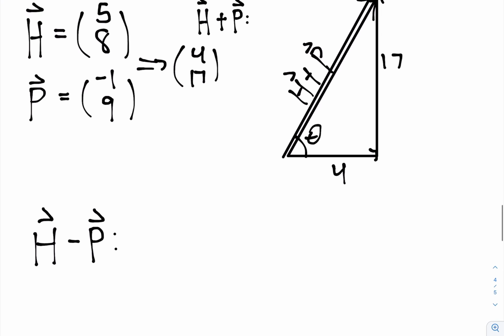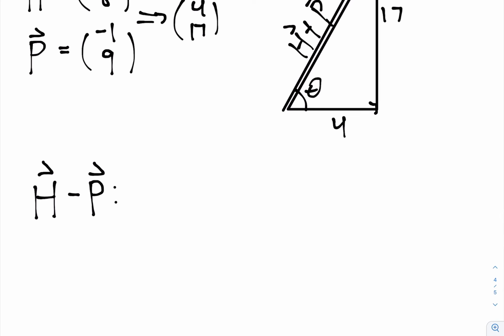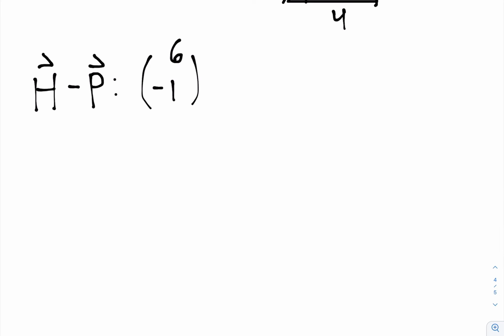If we're subtracting them, you can imagine we're just subtracting the x and y components of p from the x and y components of h. So 5 minus -1 is going to be 5 plus 1. So the components of this would be 5 plus 1, which is 6, and then 8 minus 9, which is -1. So the 6 represents the x, -1 is the y.